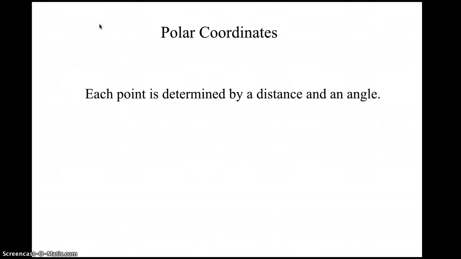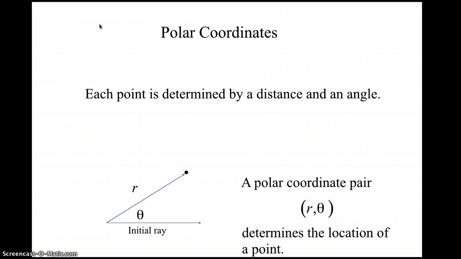For a polar coordinate, each point is determined by a distance and an angle. A polar coordinate pair, r comma theta, determines the location of the point. Again, r is the distance from the origin to the point, and theta is the angle between the x-axis and the radius.